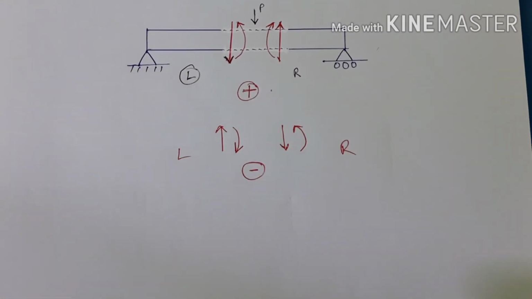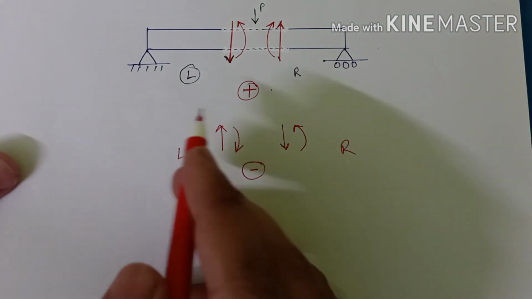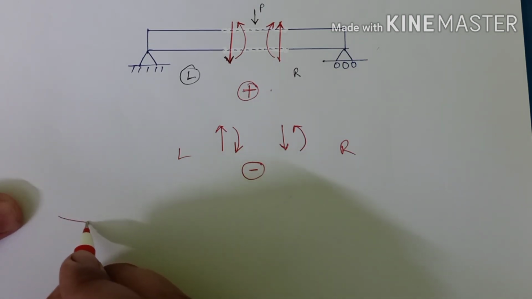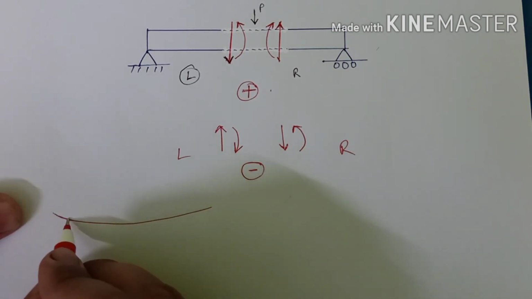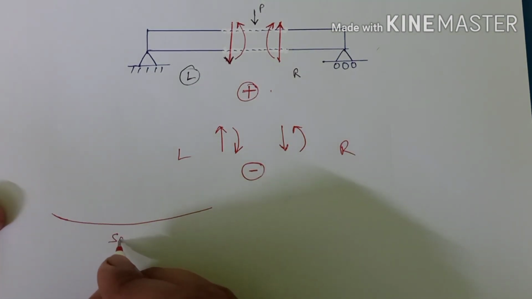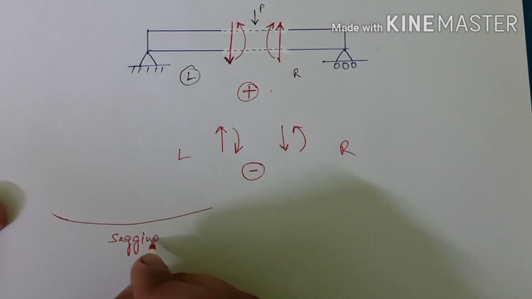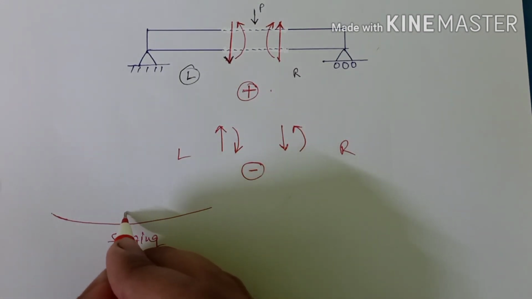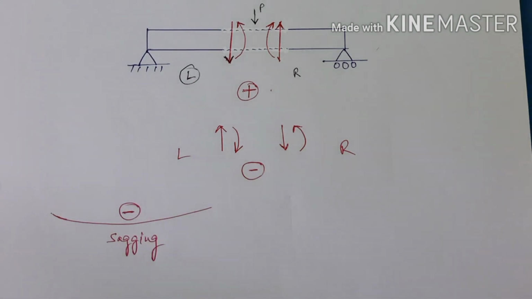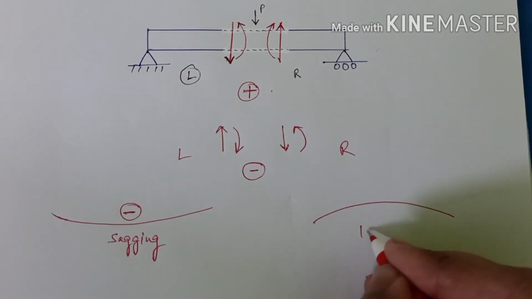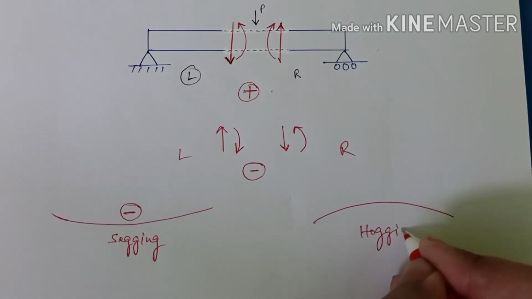Okay, you can also have another approach to this. That is, suppose we have a beam like this, and suppose there are forces which are causing the beam to sag. That is, this is a case of sagging. Okay, and this is a case of hogging, right?